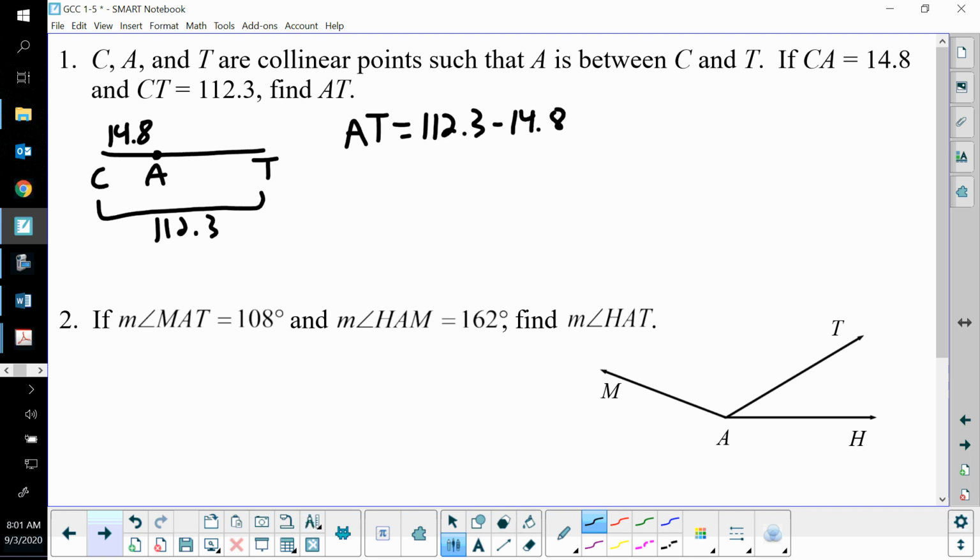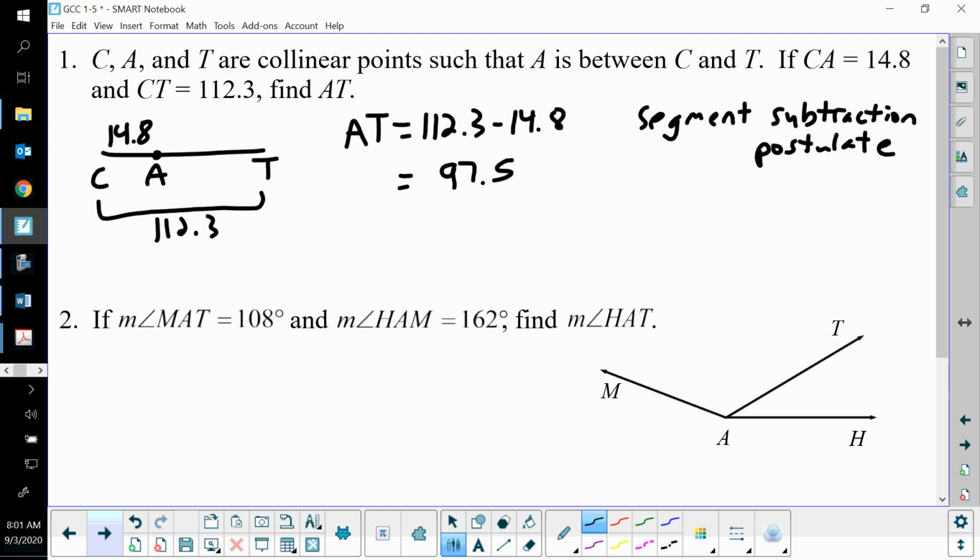And our justification would be segment subtraction postulate. Okay, it seems like common sense. If you take a big part, take away one of the smaller parts, whatever remaining, the other small part is what you'll be left with. So if we actually punch that in to subtract it, you get 97.5.